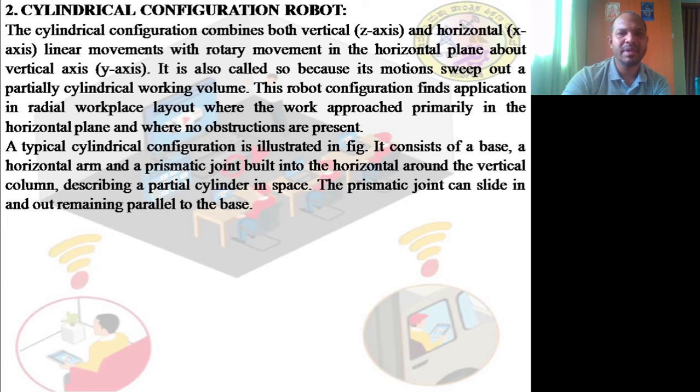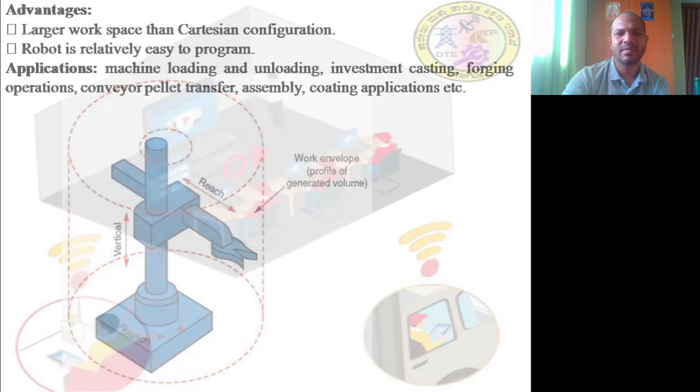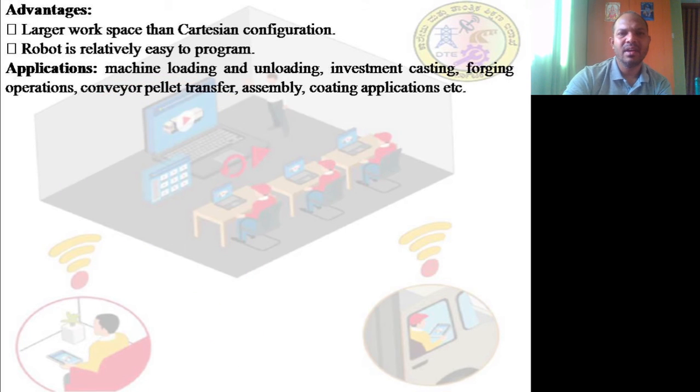It consists of a base and a horizontal arm, with a prismatic joint built into the horizontal arm around the vertical column. Describing a partial cylinder in space, the prismatic joint can slide in and out, remaining parallel to the base. This is the work envelope, or the profile of the volume that is generated.